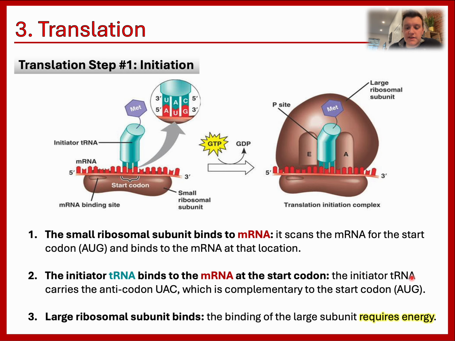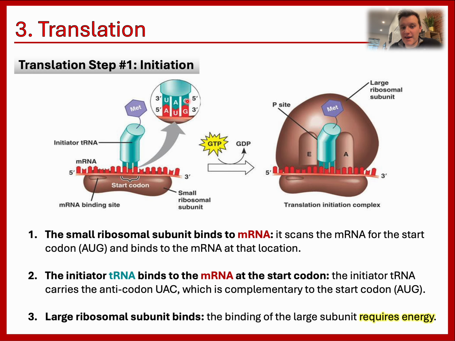So the initiator tRNA carries the anticodon UAC, right? Think about it. AUG is the codon in this mRNA, but the anticodon that pairs with it is going to base pair, UAC.